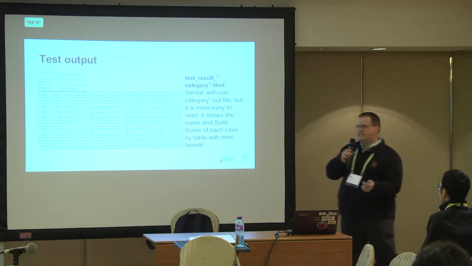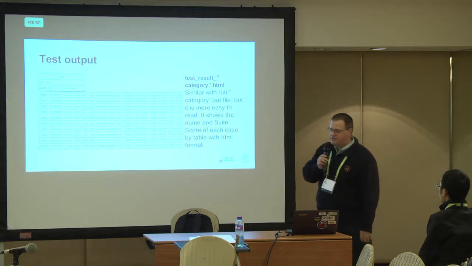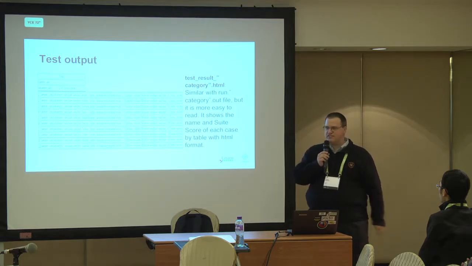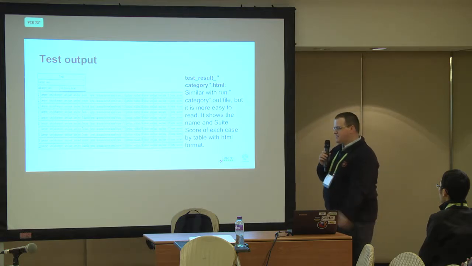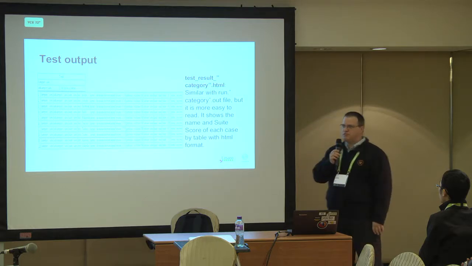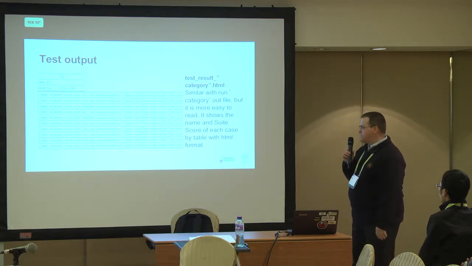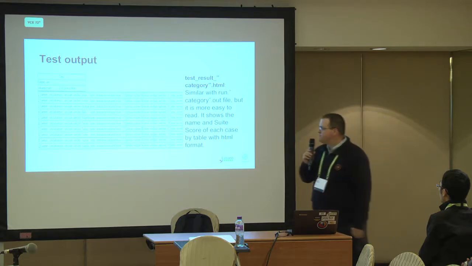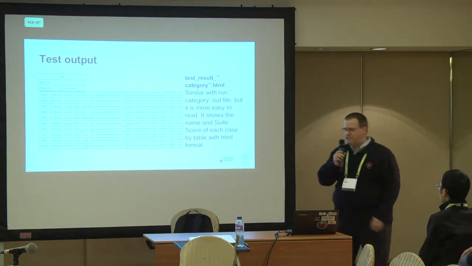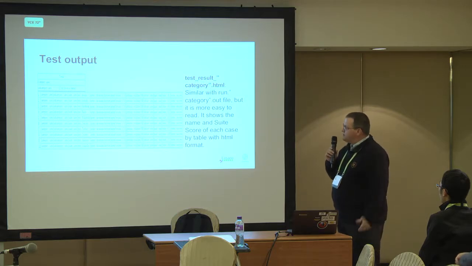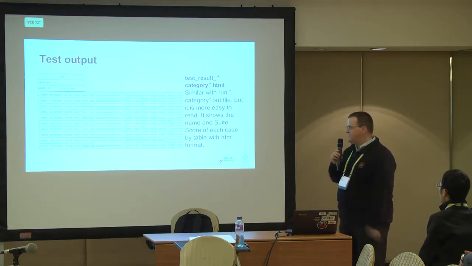So not only is it easy to run the tests automatically from the command line, but collecting the results is also quite easy too, because if you want to write some kind of parser for plain text, you can do that, or you can run some sort of XML parsing over your HTML output. Whichever one works, it's all quite easy.